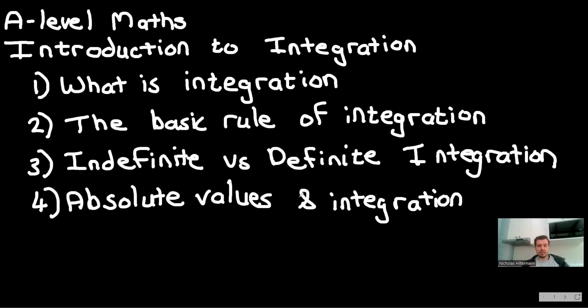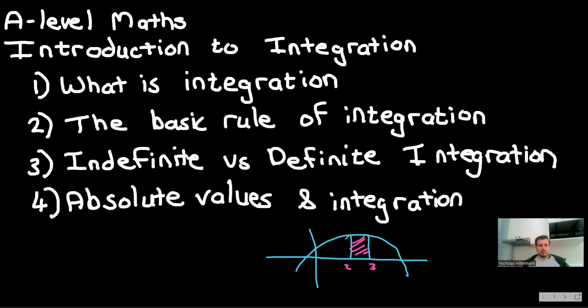Very handy in, say, engineering, or even economics, because you don't really want the area of the whole thing, you maybe just want this area here. And you can put in your definite integral, say from 2 to 3, and you just find that area there.